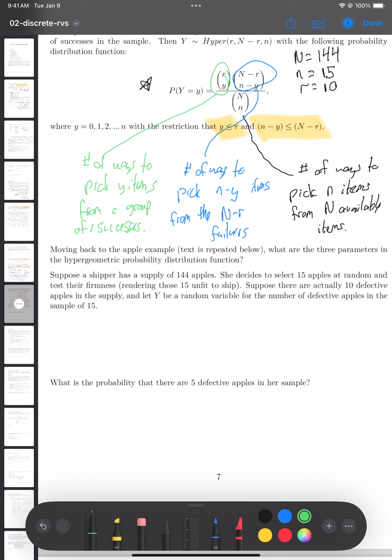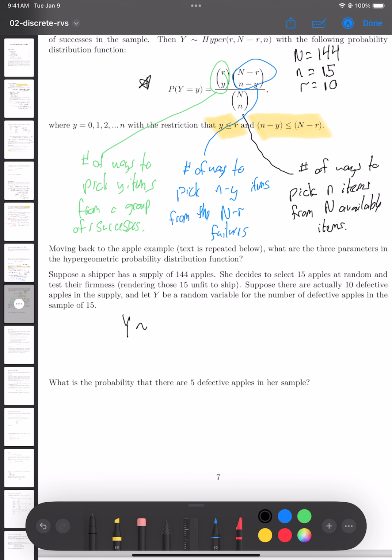Okay, so coming back to our example, we've got this shipping example. So y is a hypergeometric random variable, and r is equal to 10. N minus r is equal to 144 minus 10, and lowercase n is equal to 15.